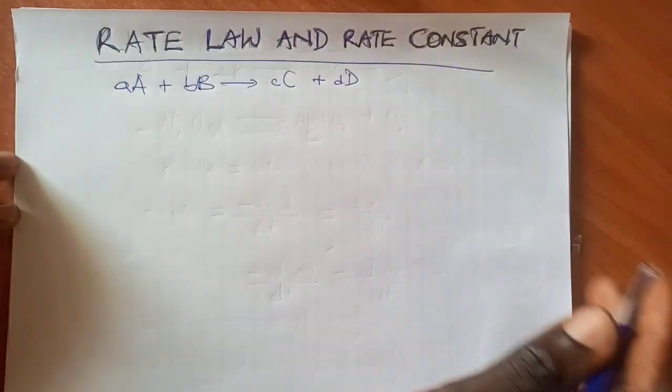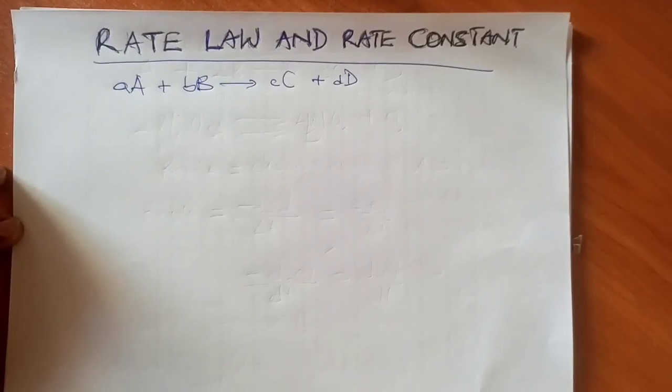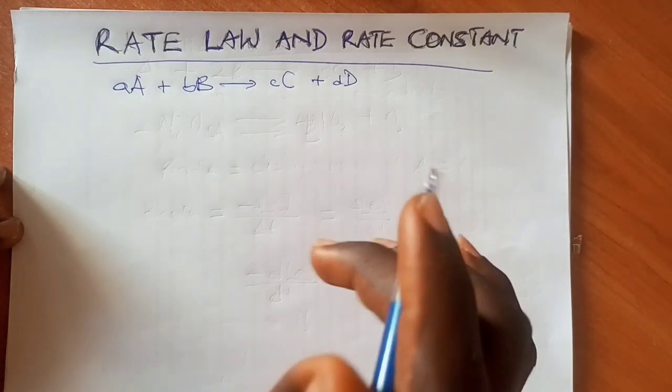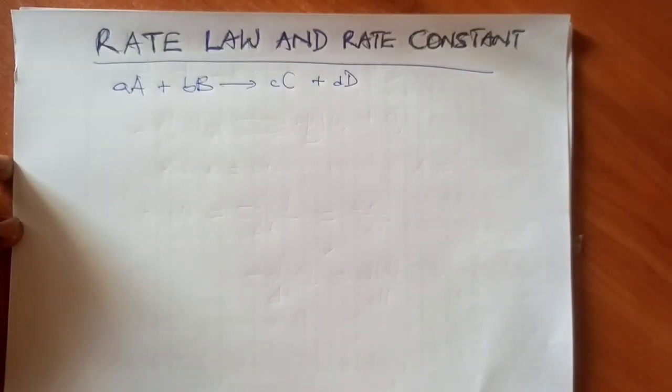There is a law called the law of mass action. The law of mass action states that the rate of reaction is proportional to the product of masses or concentrations of the reacting species raised to the appropriate power, and the power is equivalent to the coefficient that occurs in the chemical reaction.